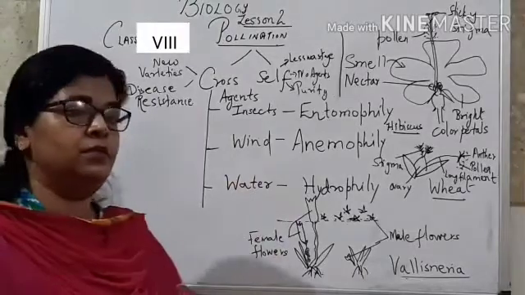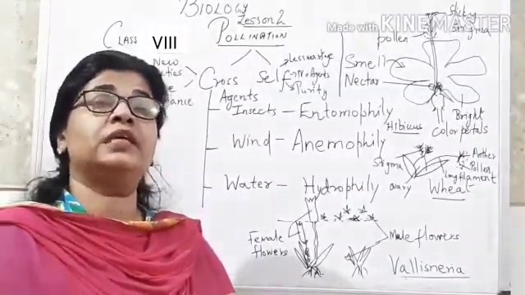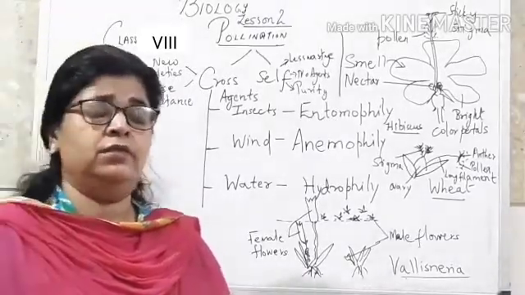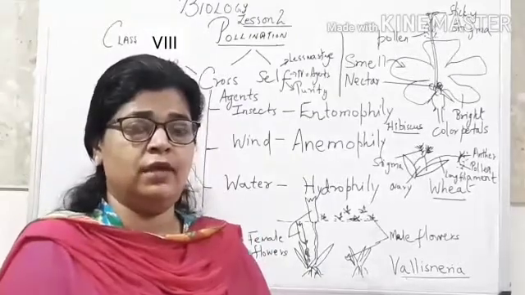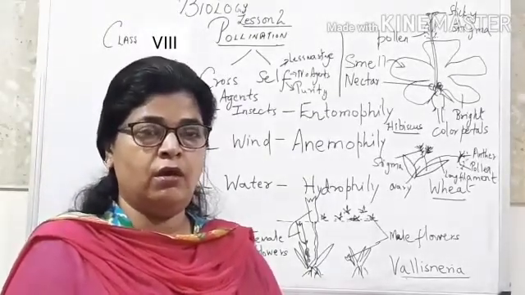Then the second agent is wind. This kind of pollination is called anemophily. In such plants, there are certain adaptations. Here, the flowers are not showy or very big in size.